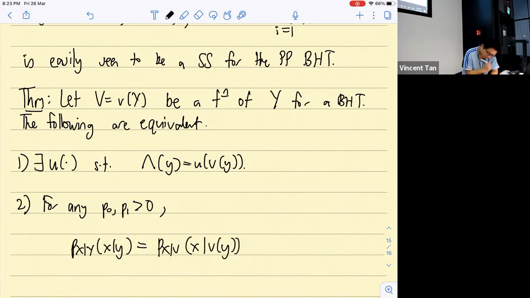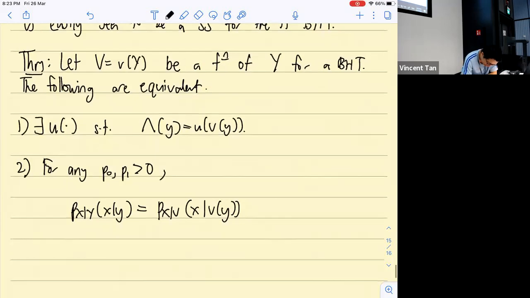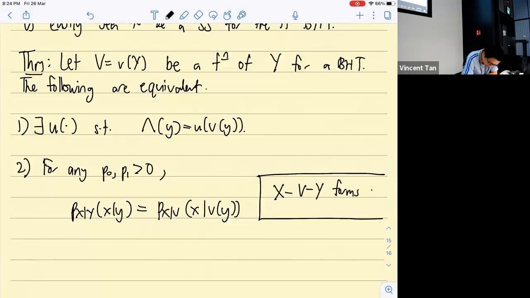Okay, so by the way, this theorem is only for the discrete y case, because there are some issues with the continuous y case. So what this is saying is that, another way of saying this, and I'll put it at the side, is that x, v of y, y forms a Markov chain. Okay, in this order.